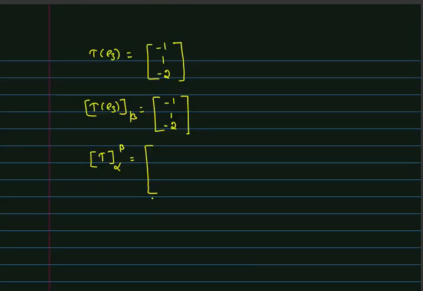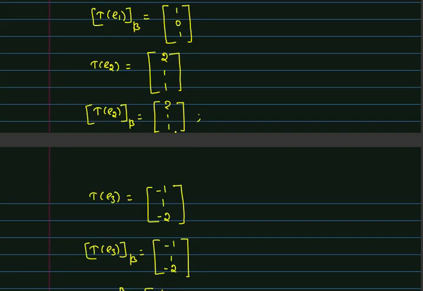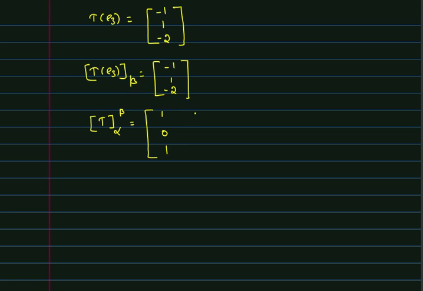That is, 1, 0, 1 is the first column, the second column is 2, 1, 1, and the third column is minus 1, 1, minus 2.